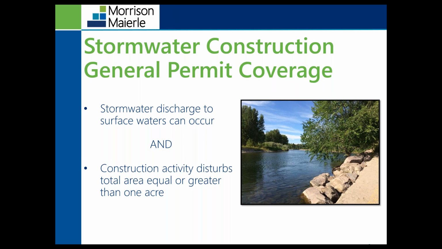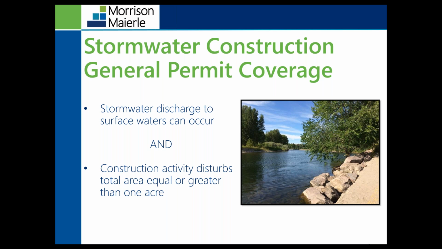So the Montana Pollutant Discharge Elimination System permitting program is what administers this permit. So for this permit, if you have a construction site that is disturbing over an acre of soil and you have stormwater that is discharging from your site, you'll need to obtain this stormwater construction general permit associated with construction activity.